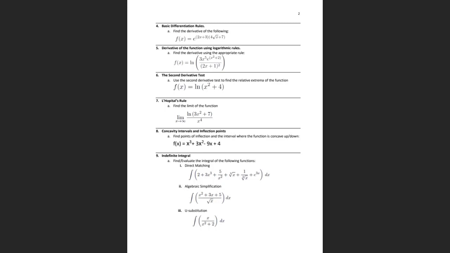Here x is still there, so when you take the derivative of x squared plus 2 for du, you get 2x. When you rearrange your equation, you get du over 2x. Then you can cancel out the x and you'll be left with a simpler integral. Oh, okay, I see.